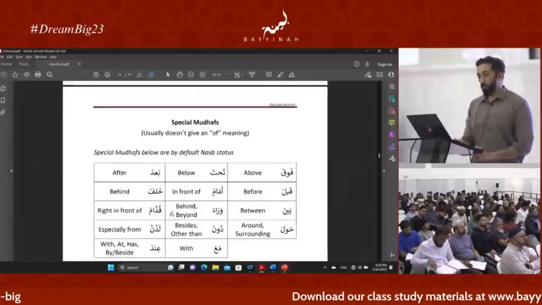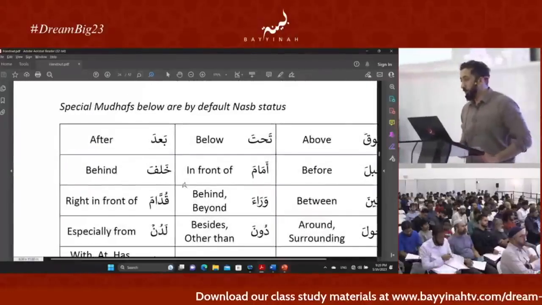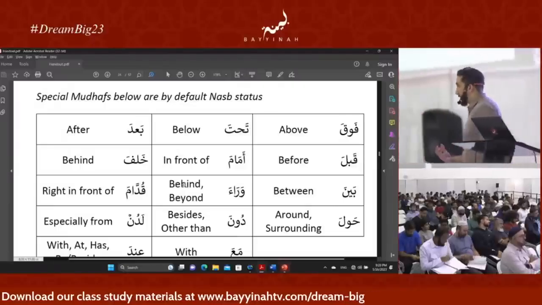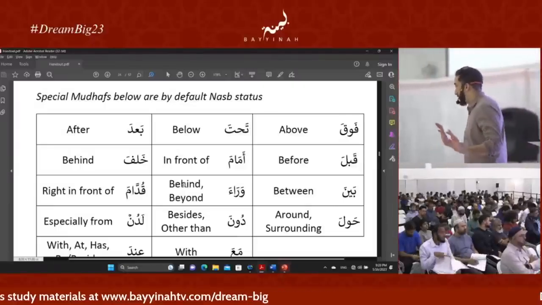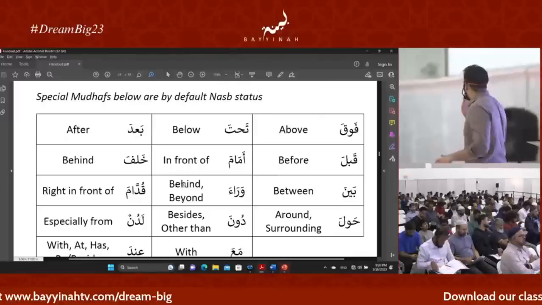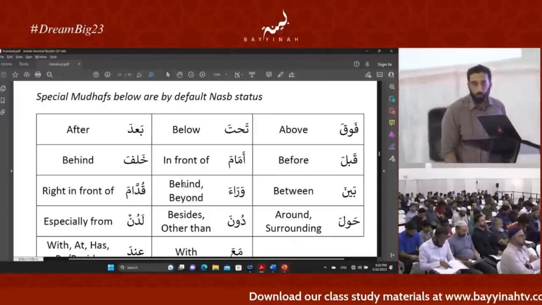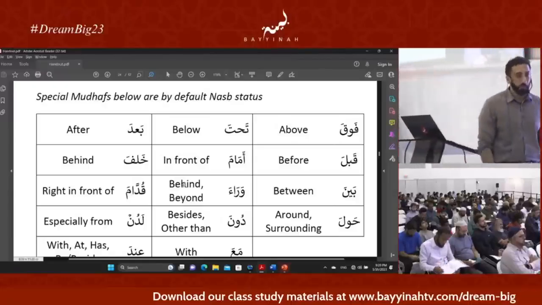This page. These words are, you can almost say, considered ism because the Arabs said so. I would have called them harf, but they're not. They're ism. And here's something else you should know about them.